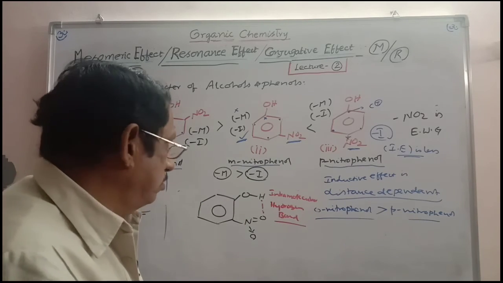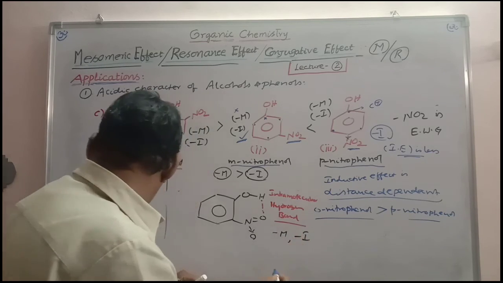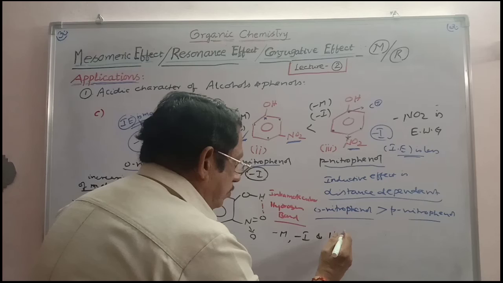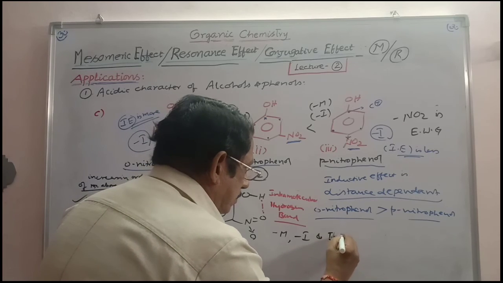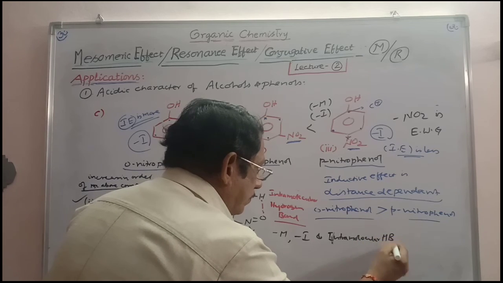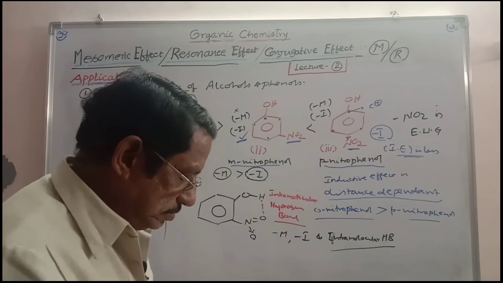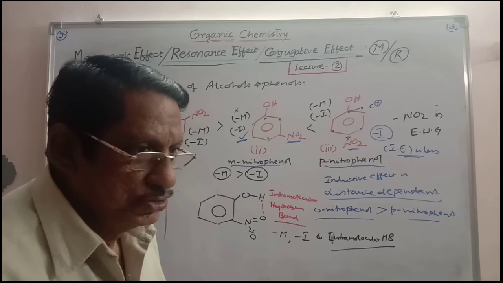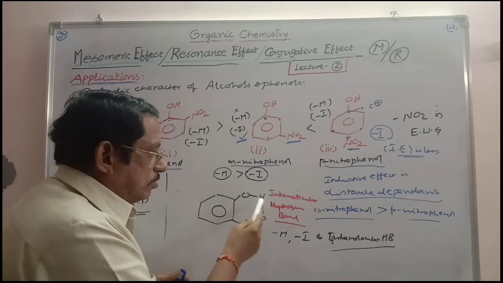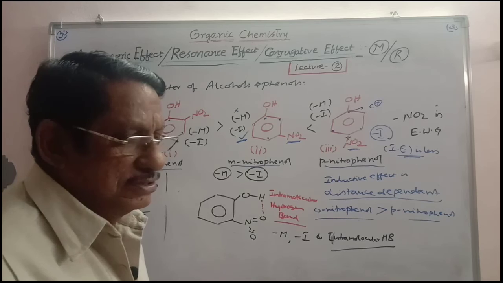So here in this case, you have to consider minus mesomeric effect, minus inductive effect, and also intramolecular hydrogen bonding. This intramolecular hydrogen bonding makes hydrogen to be fixed to this oxygen, as a result of which release of proton, when compared with paranitrophenol, is somewhat difficult.